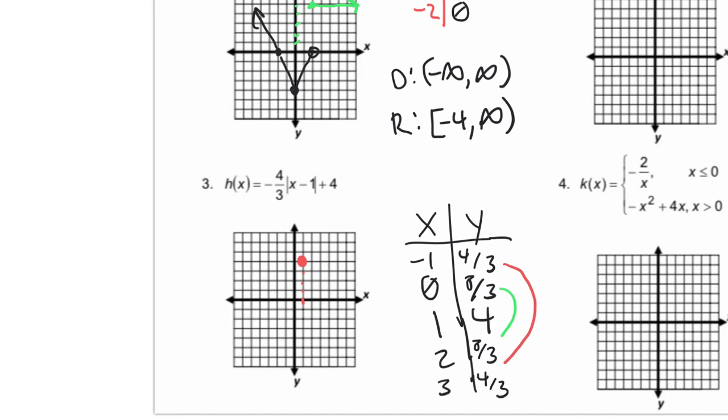and this one is going to reflect and become a 4/3 here. Now, these are annoying to graph, okay? 8/3 is like 2 point something. So that's going to be here-ish. And then we got this 4/3, well, that's really 1 point something.